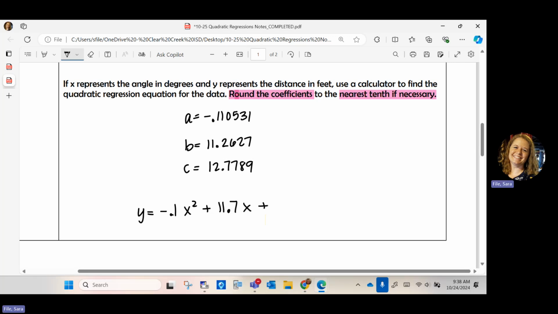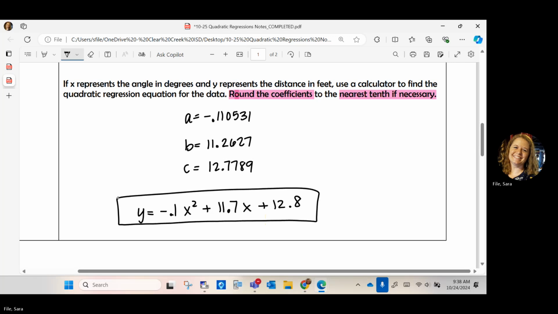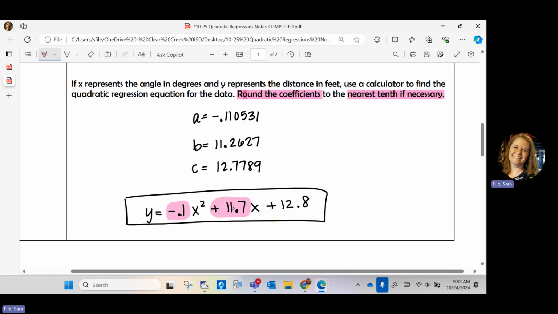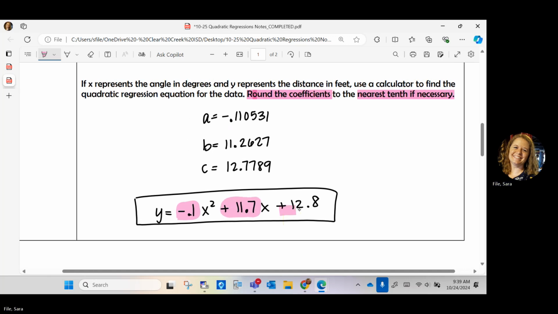And then C would be 12.8. Okay, so I rounded each of those to the nearest tenth. Is everybody okay with that? So we've got to be good with our rounding. We've got to make sure that we've typed in that regression model accurately in Desmos.